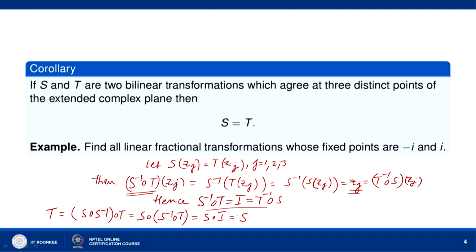So S∘S inverse is equal to I, thus T is equal to S. So, if two bilinear transformations agree at three distinct points of the extended complex plane, then they must be the same.